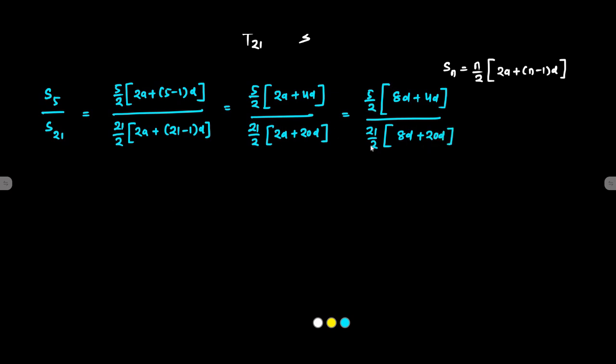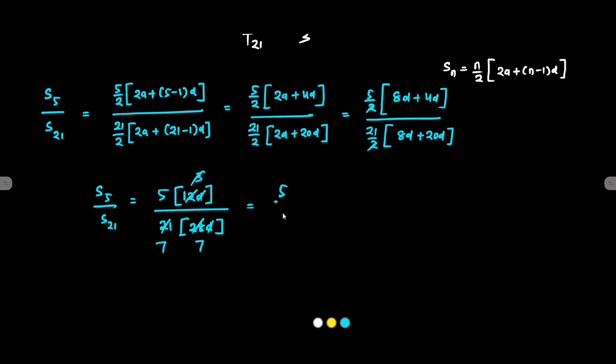So 2 will get cancelled, and we have S5 by S21 equal to 5 into 12d by 21 into 28d. d gets cancelled, so 12 by 4 is 3, 28 by 4 is 7, 3 into 5 by 21 into 7, so we have 5 by 49.